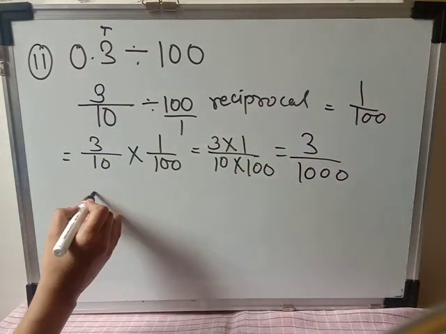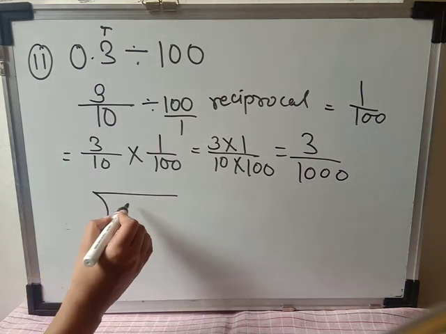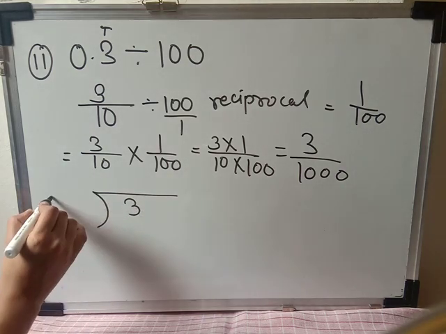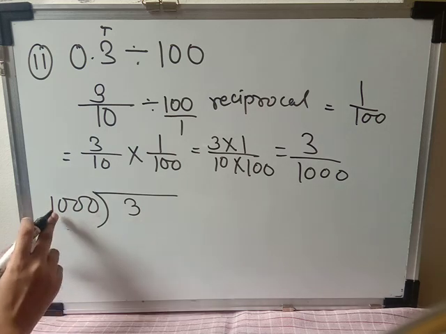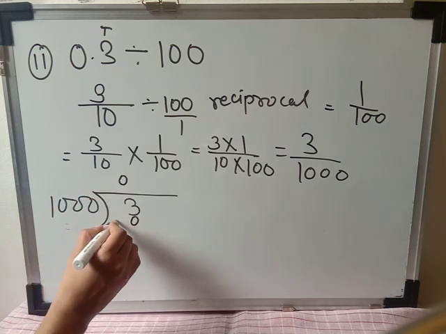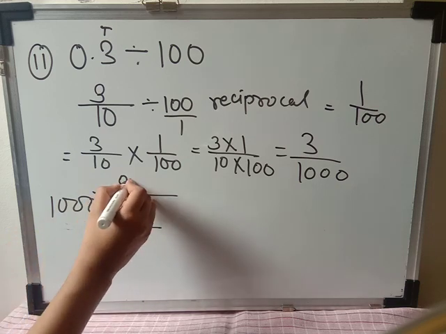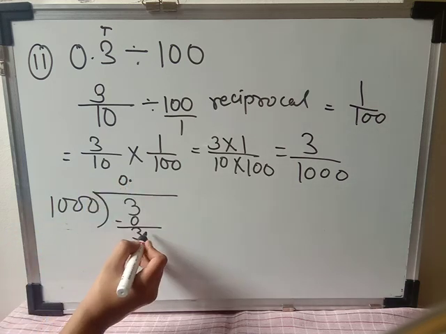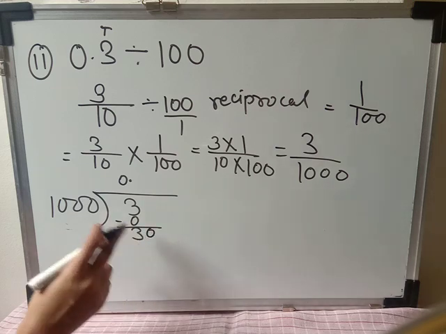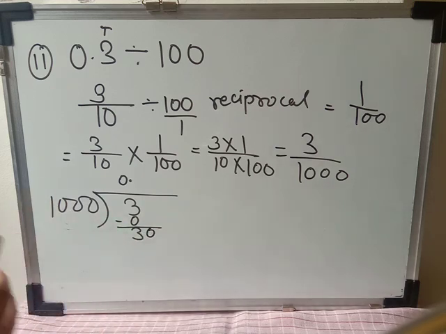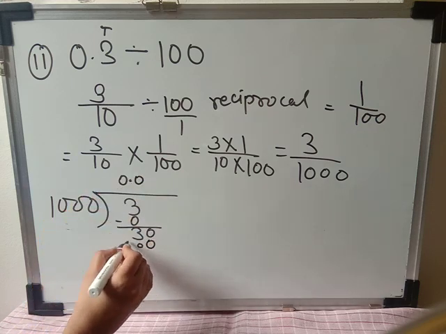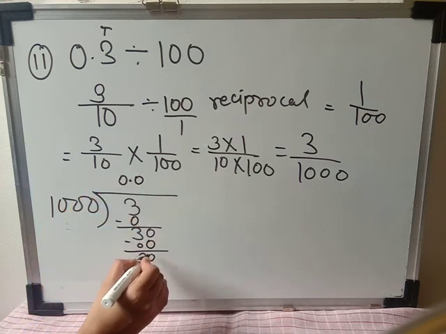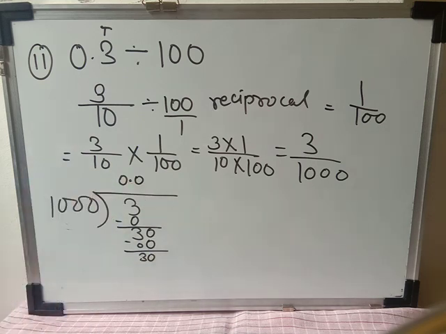Now we have to do the division. Here we are going to divide 3 by 1000. We can't divide 3 by 1000, so first we divide with 0. 3 will come, take the decimal point. Now that we have taken the decimal, we can take a 0. We can't divide 30 by 1000 either, which is less than 1000, so again we divide with 0.